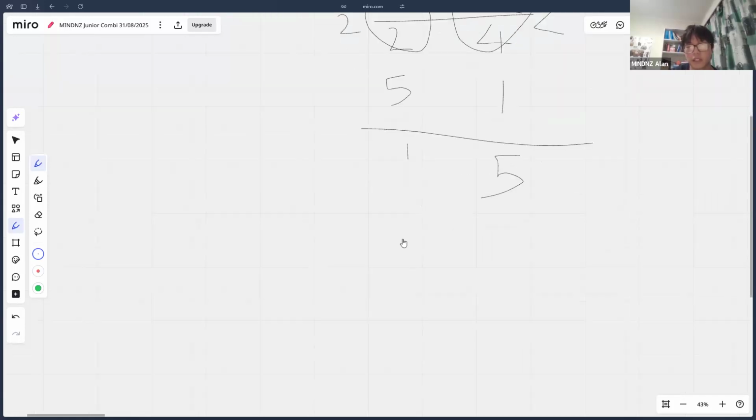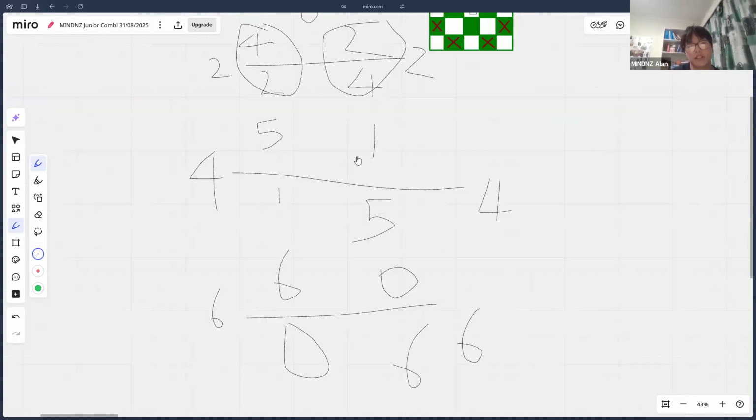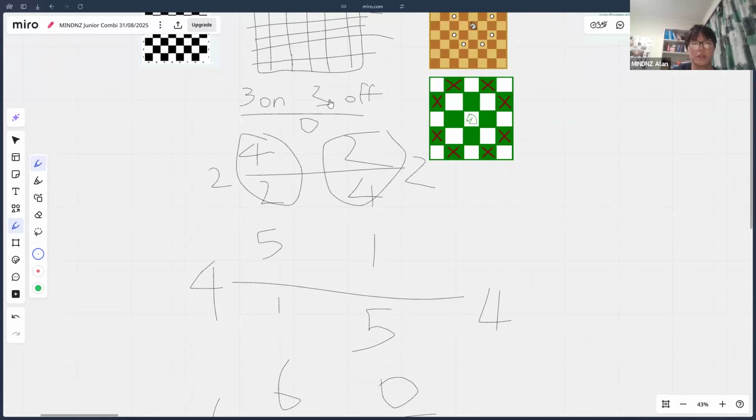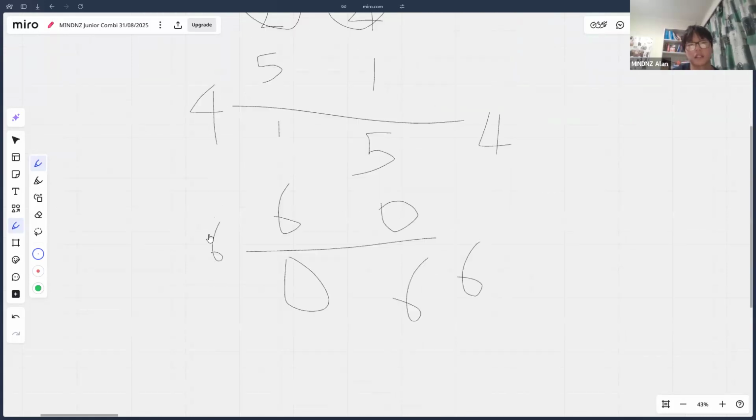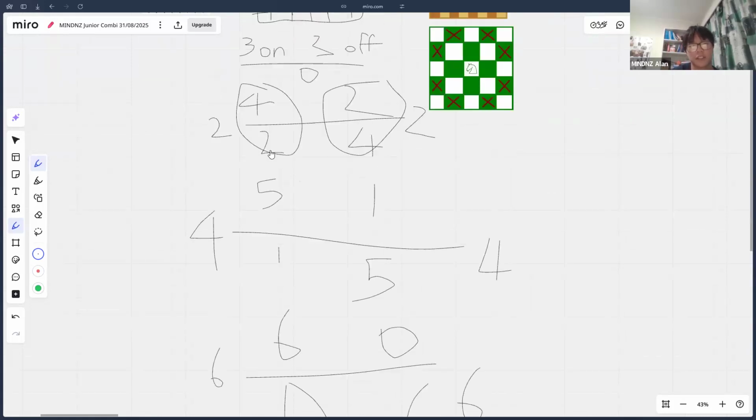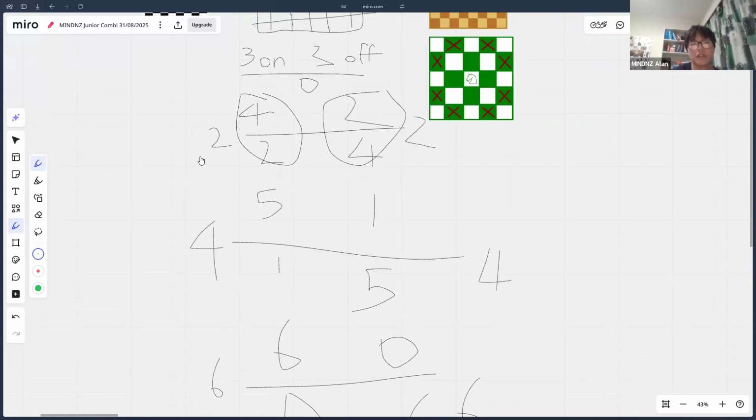And then we also have 6 and 0 and 0 and 6. This difference is 6, this difference is 6, this difference is 4, this difference is 4. So if we look closely, we get differences of 0, 2, 4, 6. When you look at these numbers closely, you realize that all of these numbers are even.